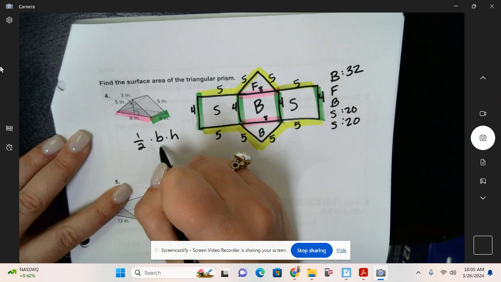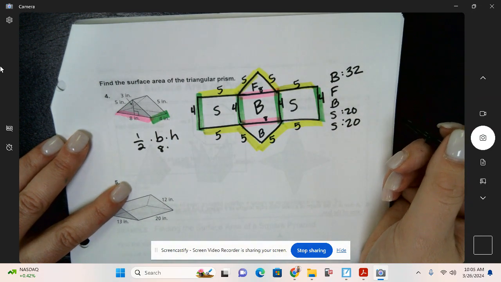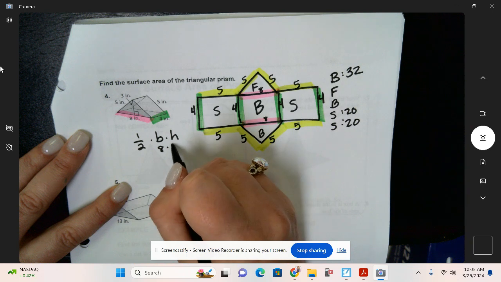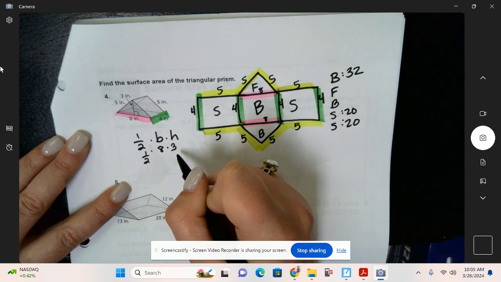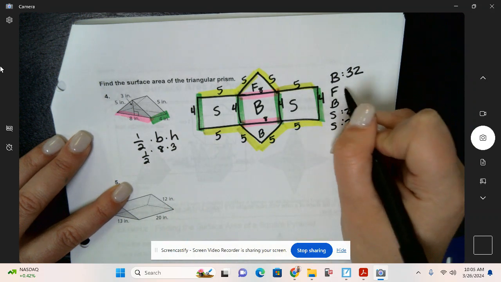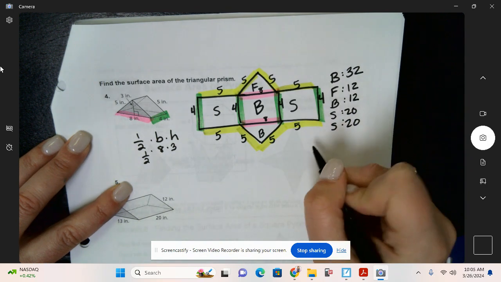My base is 8. What's the height of my triangle? 3. Go back to your original picture of the triangle. Your height is how long? 3. So 8 times 3 is 24. Half of 24 is 12. So my front is 12 and my back is 12.